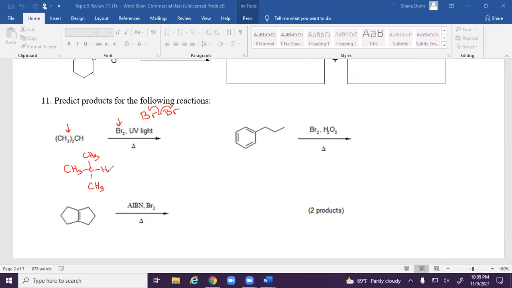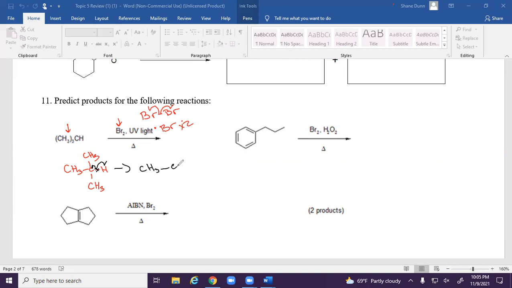Right? So now I have two bromine radicals, correct? I have to form a radical with this guy. So I break the hydrogen, you get one, and you get one.